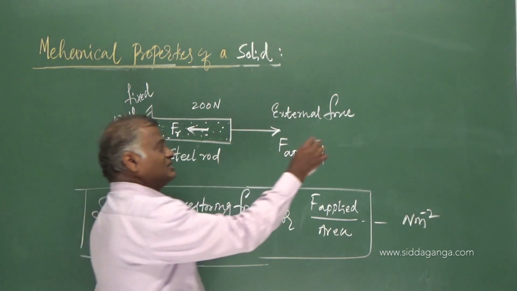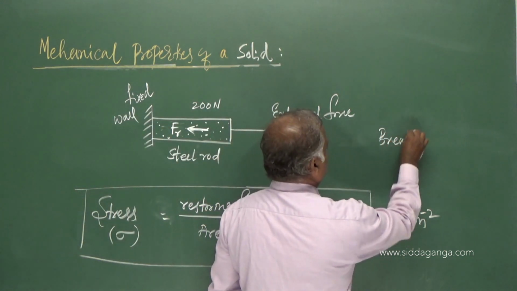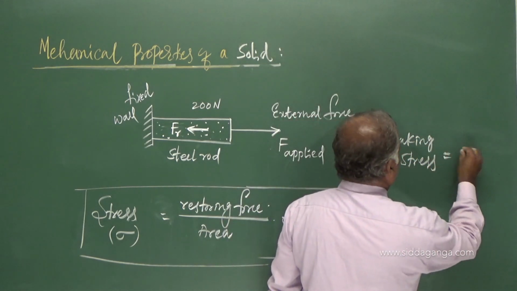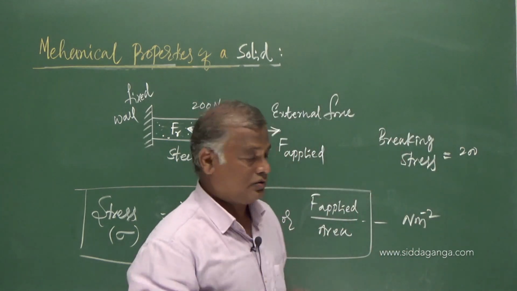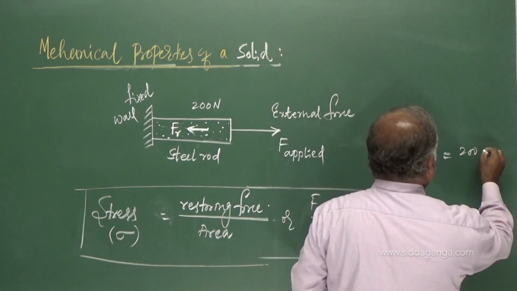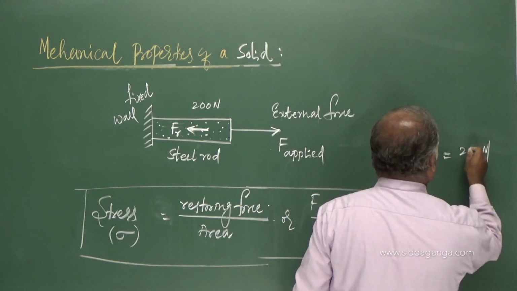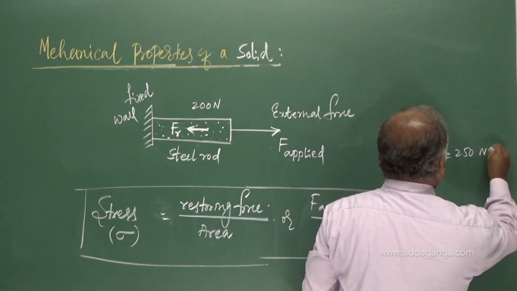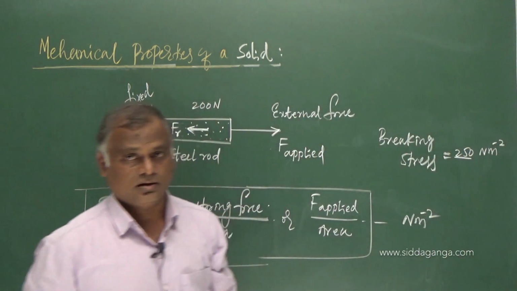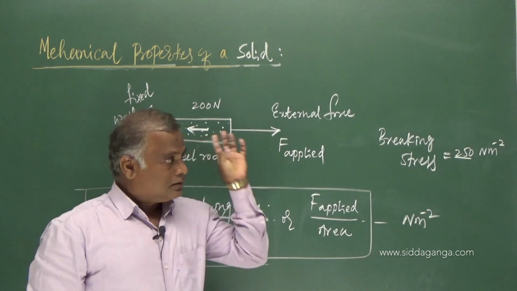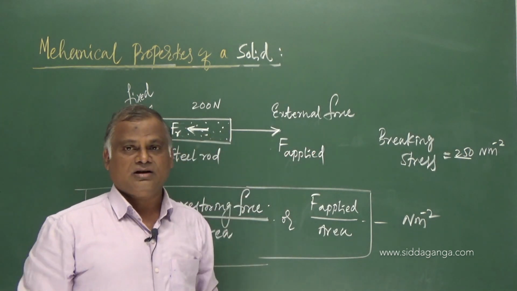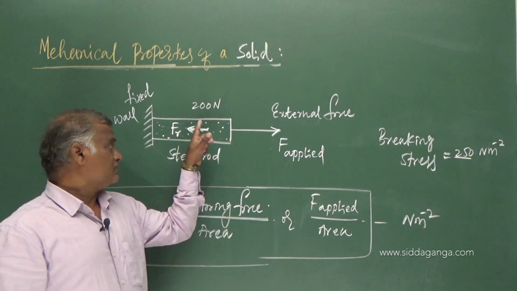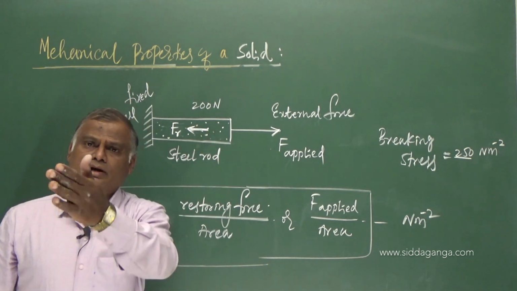The maximum, say the breaking stress, they will give, say 250 Newton per meter square, just as an example. Don't worry about the number, understand the concept. Breaking stress is 250 Newton per meter square, means if you and I apply 250 Newton per unit area, this will definitely break.